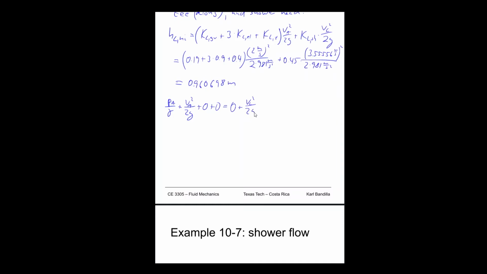VC squared over 2g, we calculated VC. We know what ZC is. We have no turbine, so then we have HL major and HL minor. Those are all values that we can figure out.